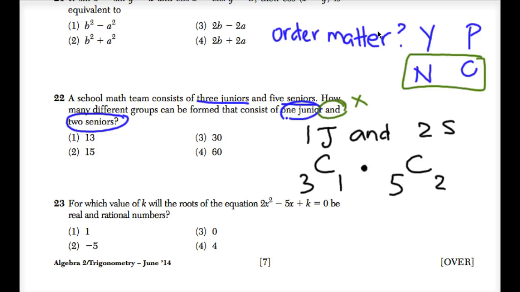If I go ahead and do this, it will be 3 times 10, which is equal to 30, which is choice 3. Alrighty, so this was 30. Now, let's clear this because I need some space.